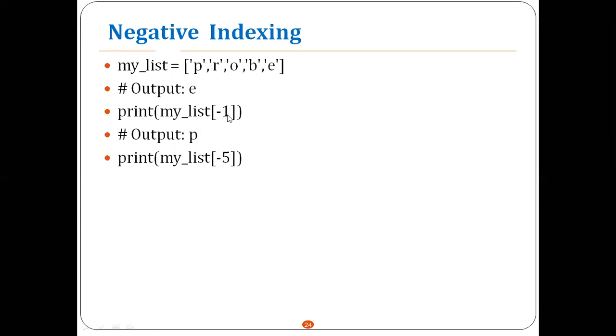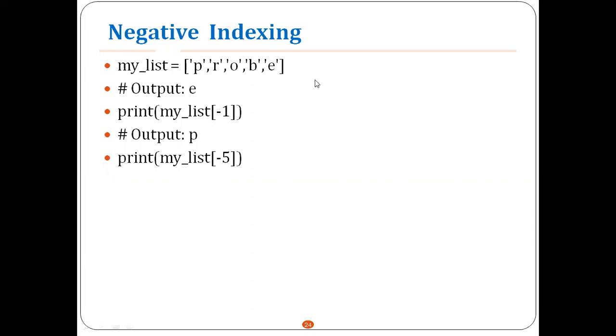My list minus one, that is beginning from the last character, you read the elements in the backward direction, right? Minus one is going to print the value E.